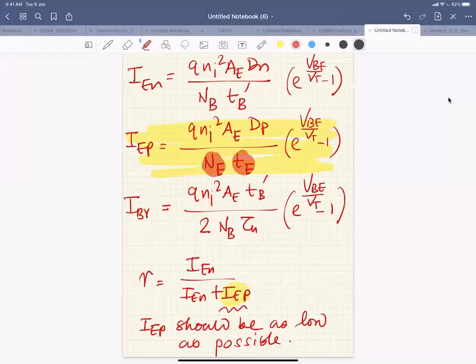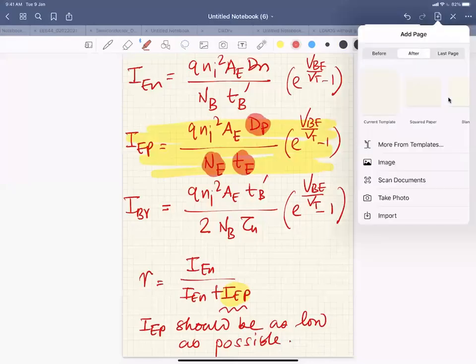You cannot change the emitter area. Emitter area will define the current. Anyway, if you need high current from the transistor, you have to increase the area, right? Dp is related to NE. If you increase NE, then your Dp will change.